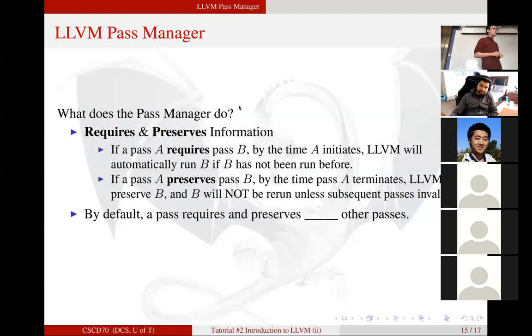So what does it mean to be conservative? By conservative, we mean that if we have certain assumptions about the program, and we are not 100% sure that the assumptions are true, then we always assume that they are false.